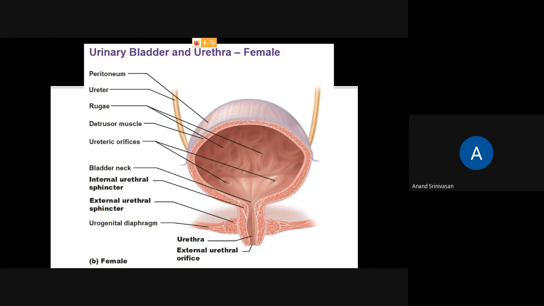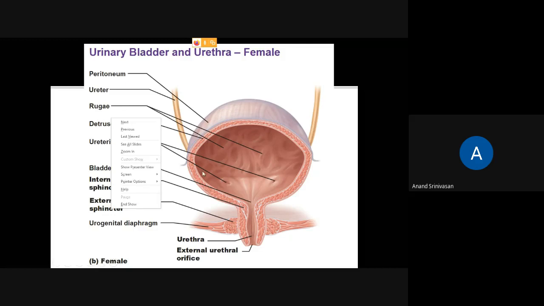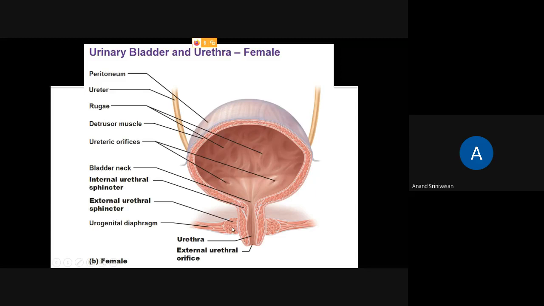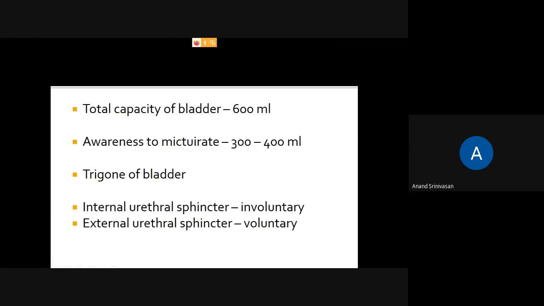Until he goes to the bathroom, the external urethral sphincter is contracting, constricting and holding the urine within the urinary bladder. Once he goes to the washroom, the external urethral sphincter relaxes, and then the urine flows out. So the internal urethral sphincter is under involuntary control, and the external urethral sphincter is under voluntary control.